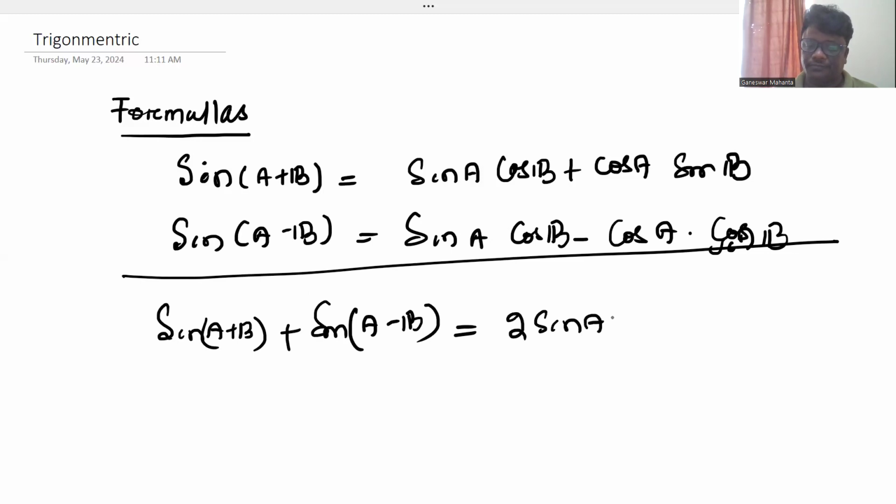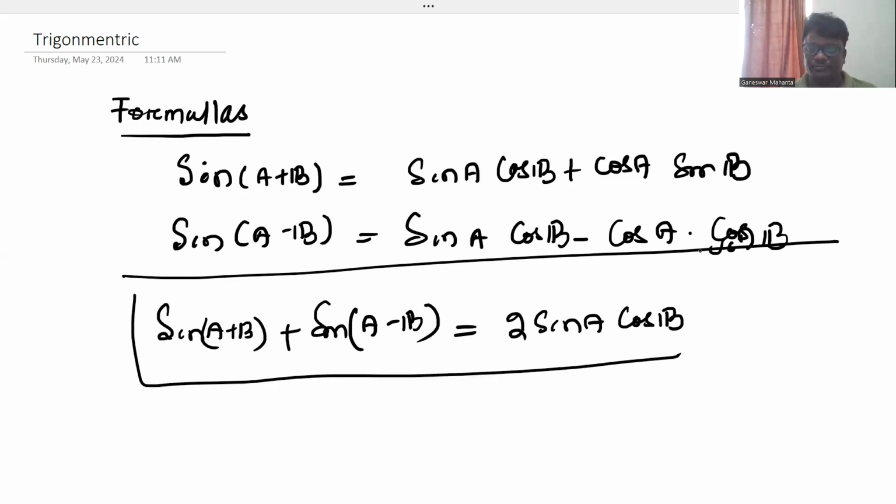Remember, that is another formula. Sin a plus b is also a formula, and sin a minus b is also a formula.